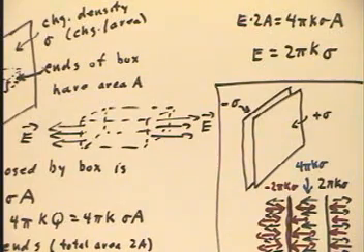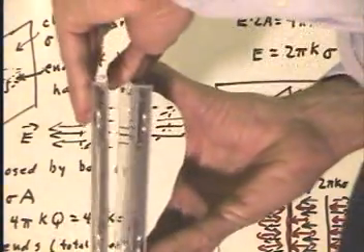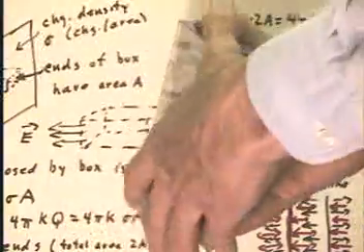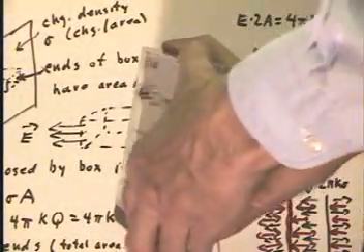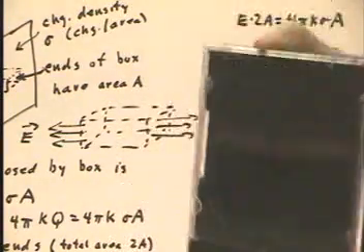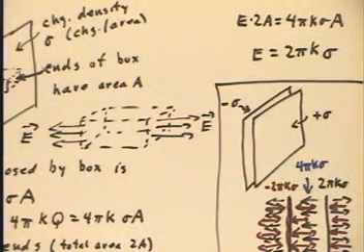Now, if we take two of these plates and put them close together at some preferably uniform spacing, that's kind of hard. We can get a uniform spacing. We might as well demonstrate how that might be done. We're going to get them real close together.